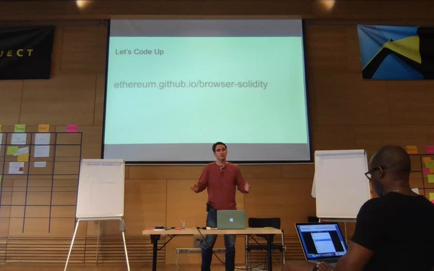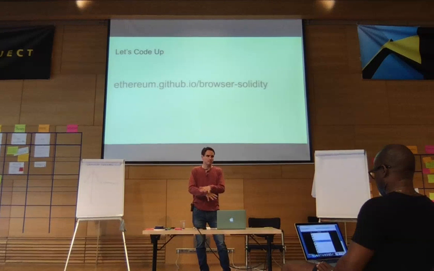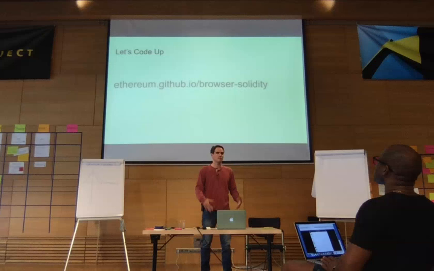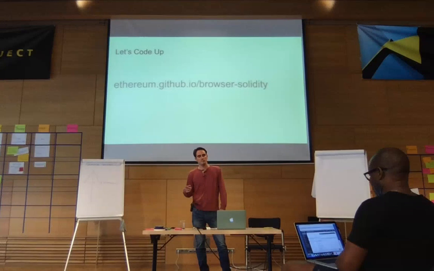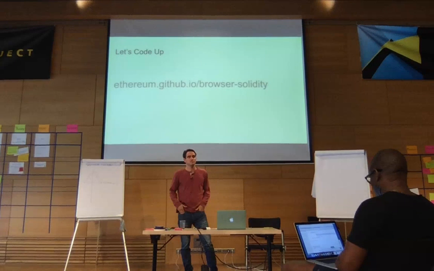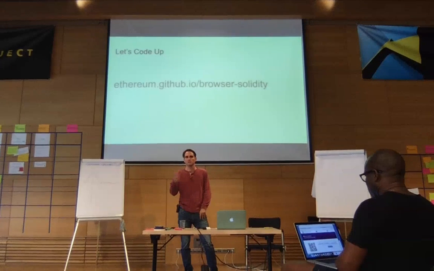Because I love a hands-on approach, let's code this thing up. Let's code a smart contract. So I want everybody to go to ethereum.github.io/browser Solidity. This is an online editor that is very handy to just code up a smart contract online.